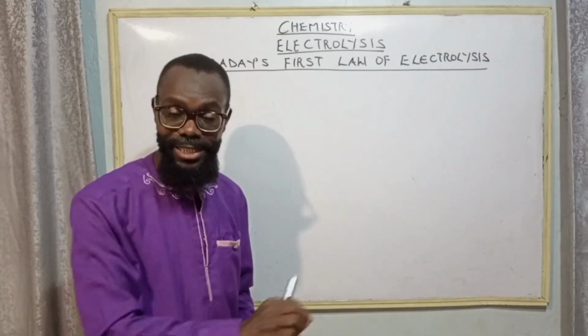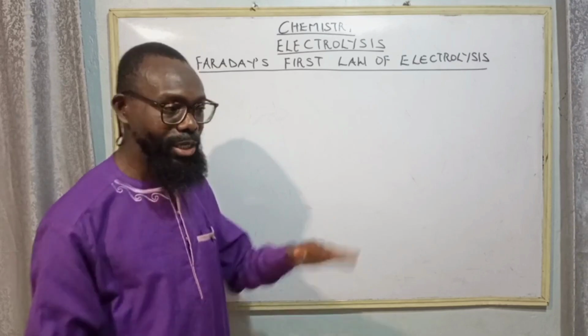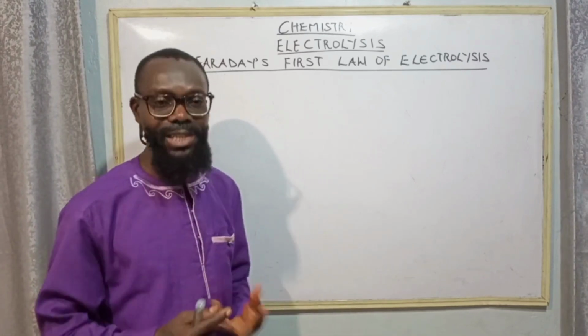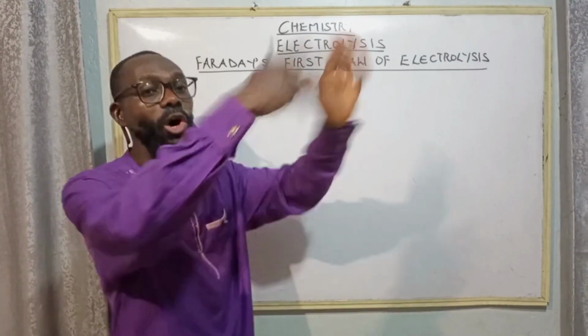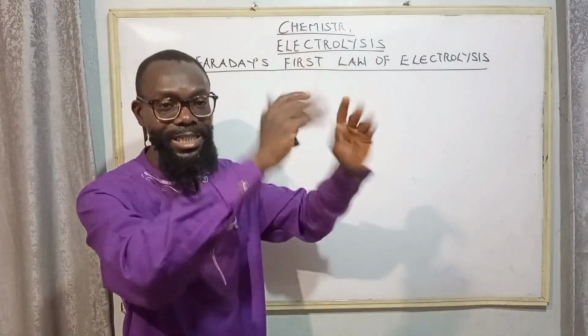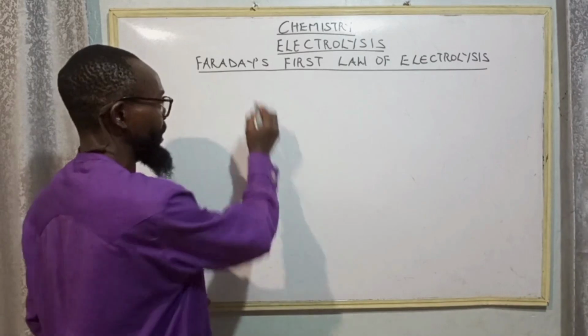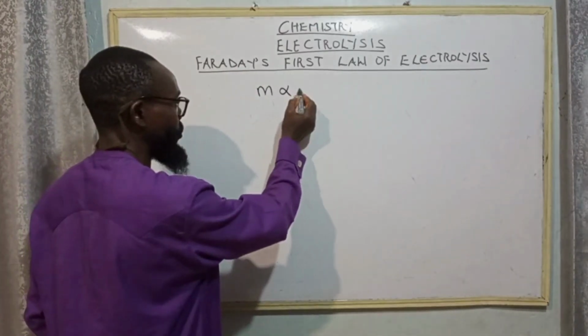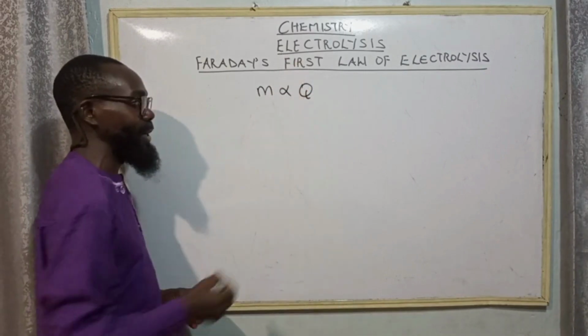Why? Because it is solid. They are solid, so they are going to be deposited. They move down. But in terms of gases, they are going to be evolved. They liberate. So that is liberated. The mass of the element deposited is directly proportional to the quantity of electricity passing through it.